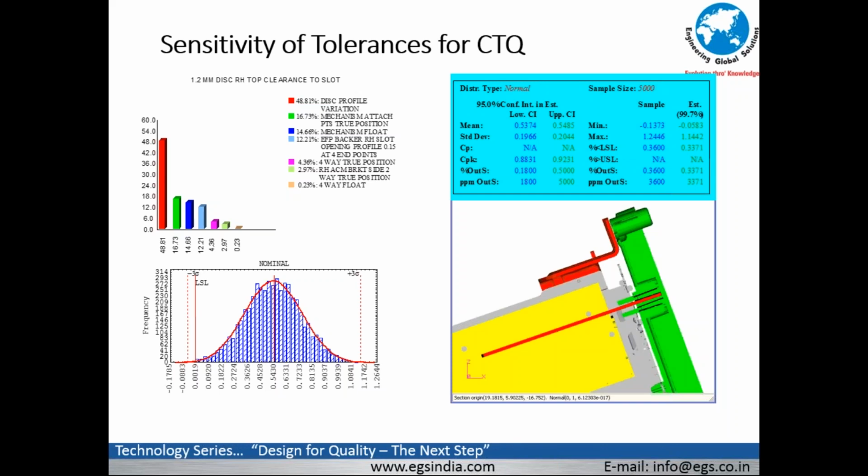This way, the designer need not tighten tolerances for fear of quality issues, because that is what he does anyway when a quality issue is reported. And the heads up display shows exactly which parameters are sensitive and which are not.